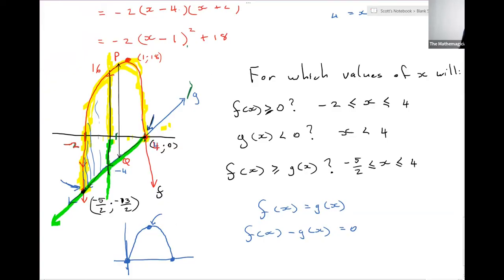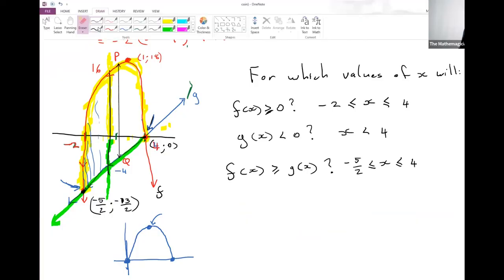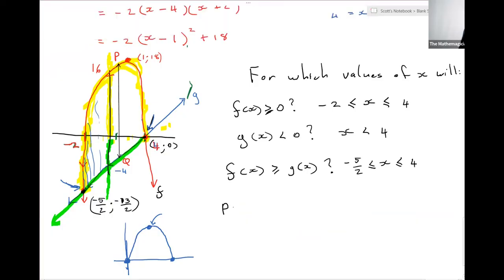Right, let's do this. Now I want to know, find me the maximum value of PQ. So here we go. PQ will equal the parabola minus the straight line. Let's do some nice maths.